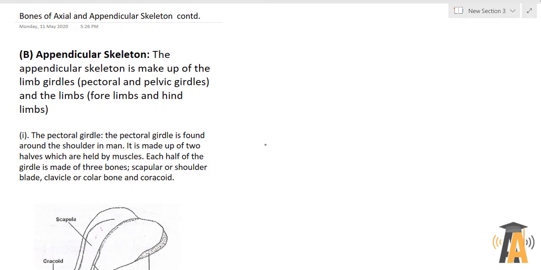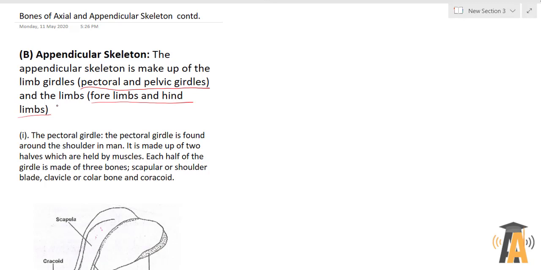Examples of the limb girdles are the pectoral and pelvic girdles, and it is also made up of the limbs, and the limbs are forelimbs and the hind limbs.